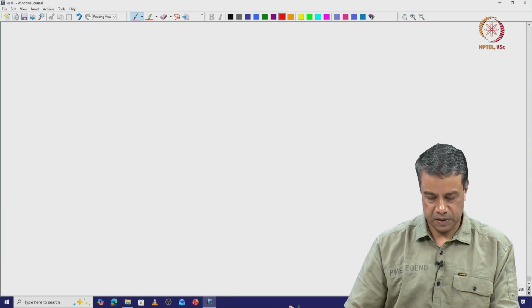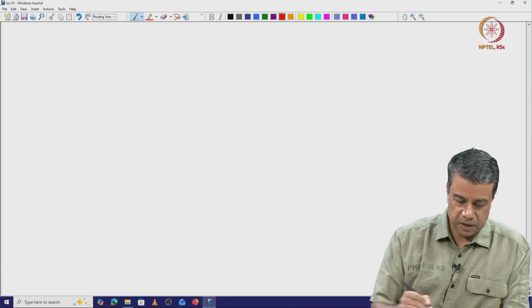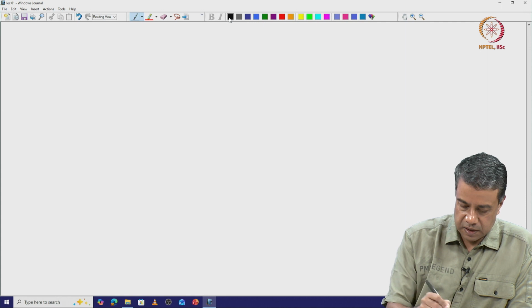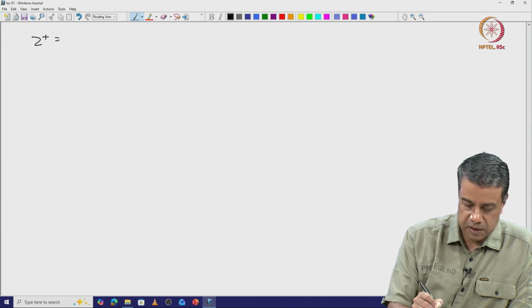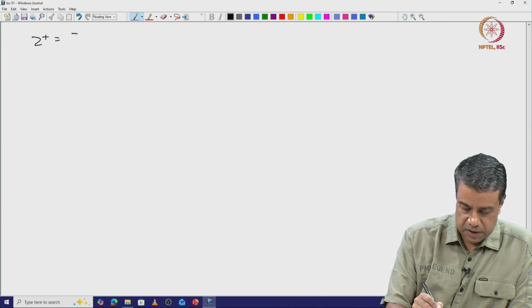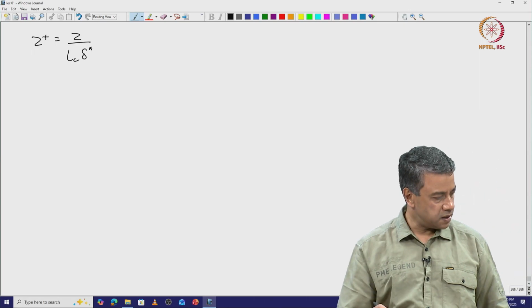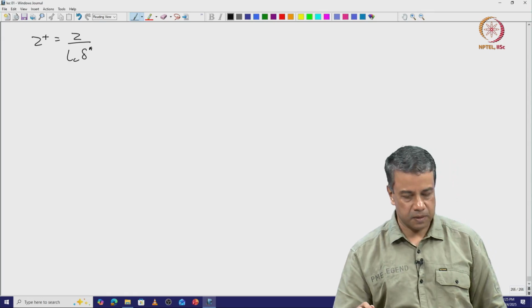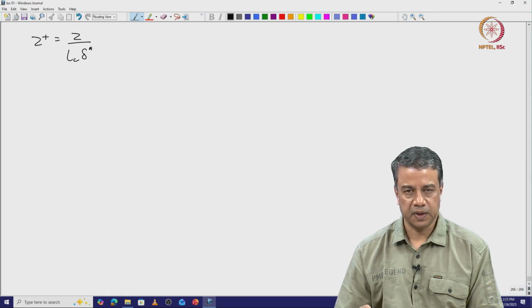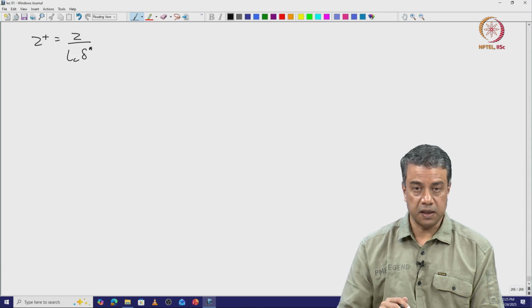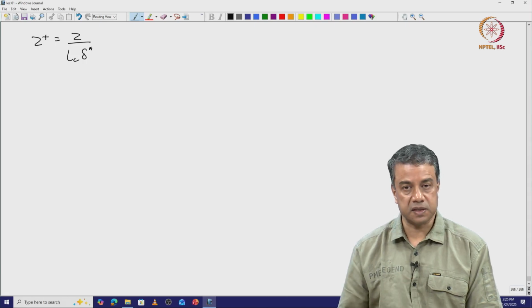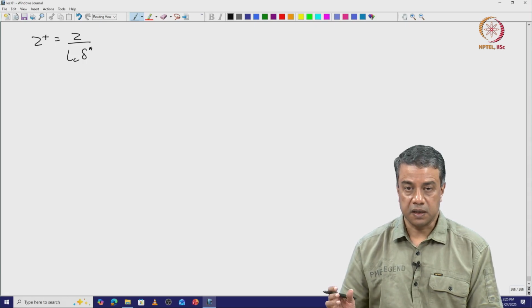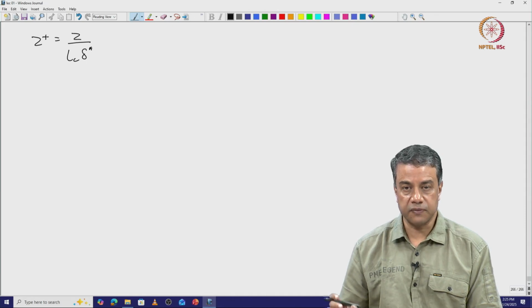So, therefore, I have to postulate a new length scale Z plus equal to Z by Lc times a scaled boundary layer thickness, and scale the equations using this Z plus rather than Z star, because that is the appropriate length scale over which diffusion takes place.